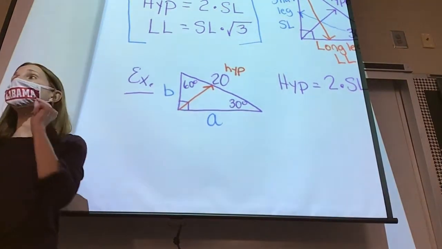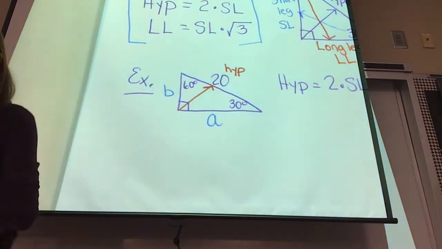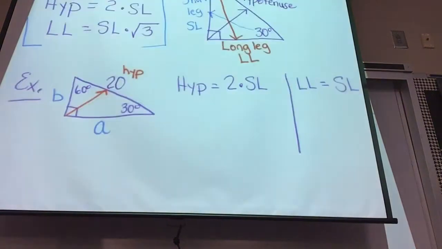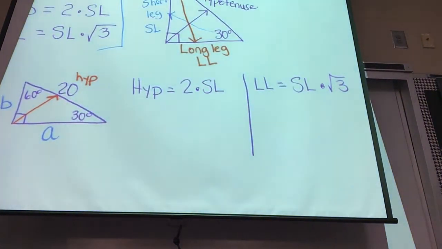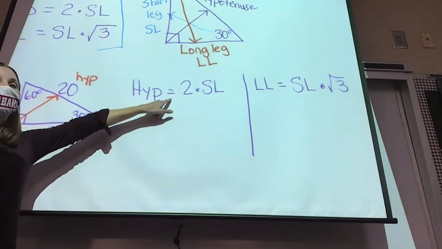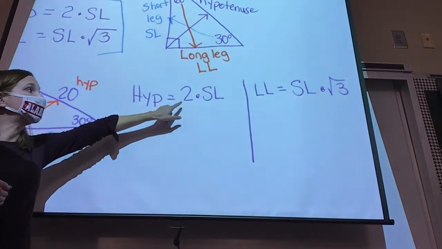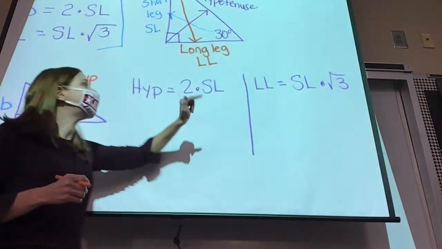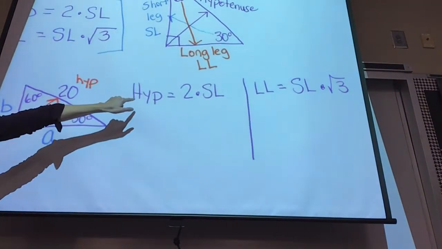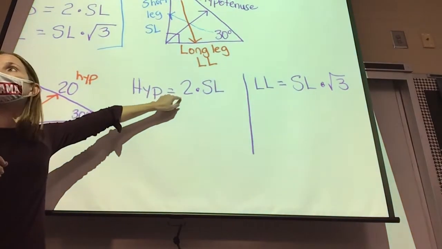That was the only piece given to me. So which of the two formulas is the only one I can fill in right now? This first one. I don't know SL. I don't know LL. The only thing I do know is the hypotenuse. So I'm going to have to start with this formula.